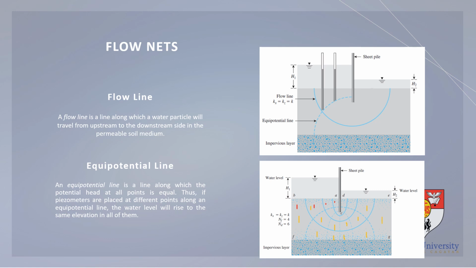So that is our ND, that part. And then the H in here is the water level on point B, which is the upstream, and then H2 is the water level on the downstream.